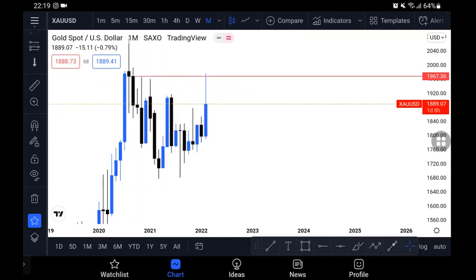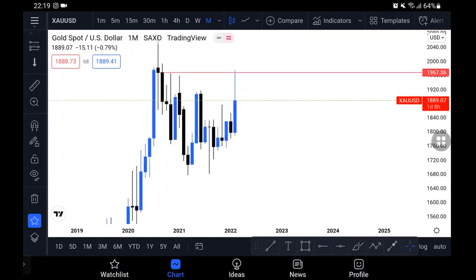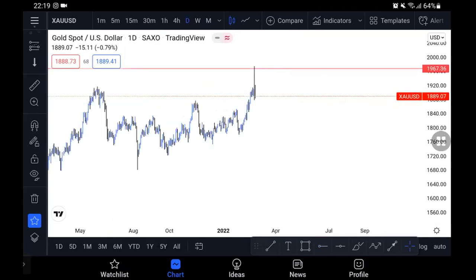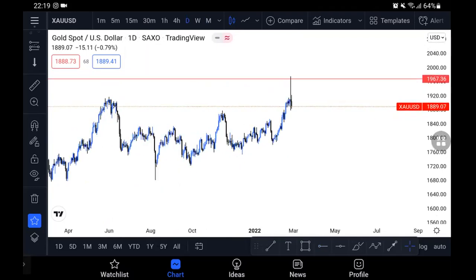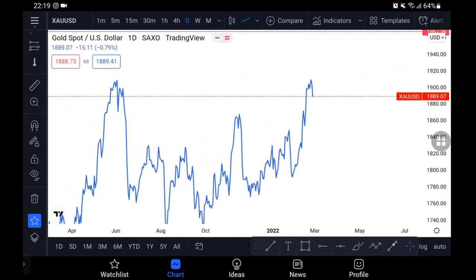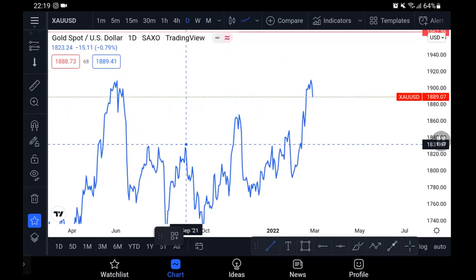So how you see a lot of people getting sell entry because there is a daily divergence over here.